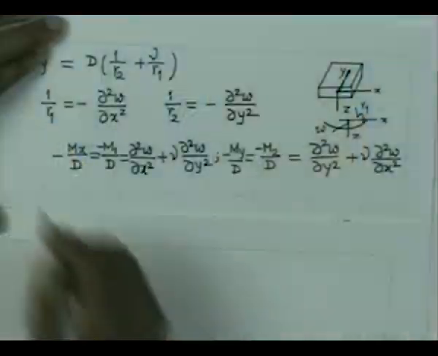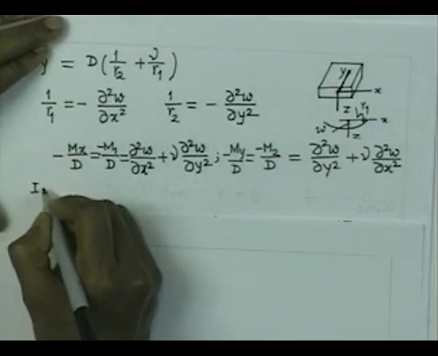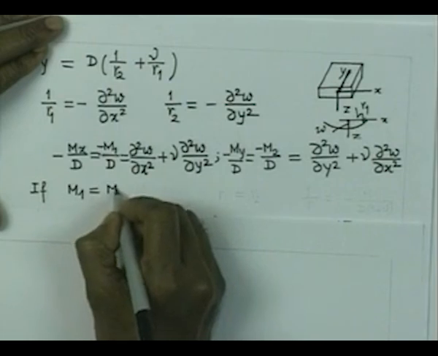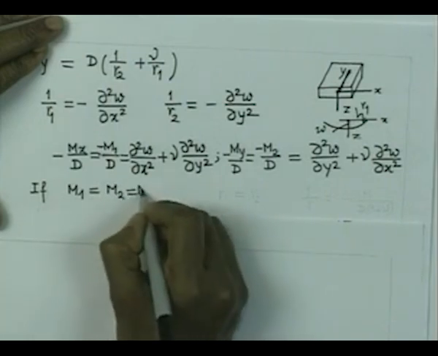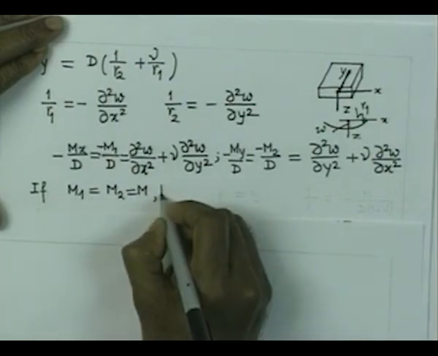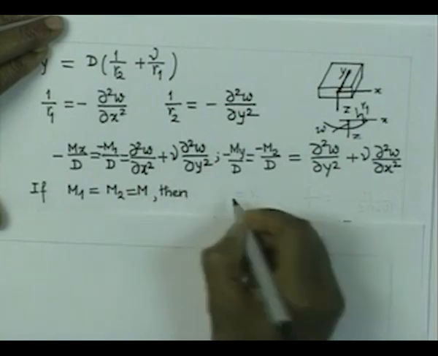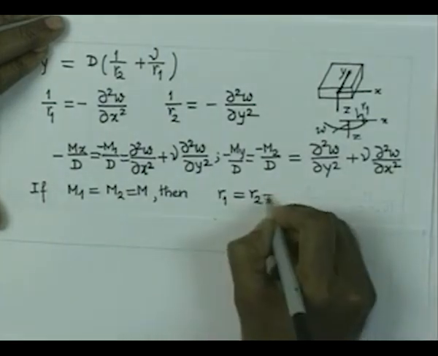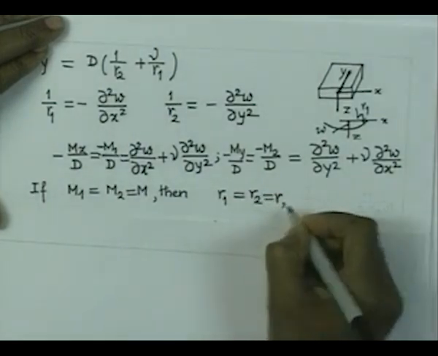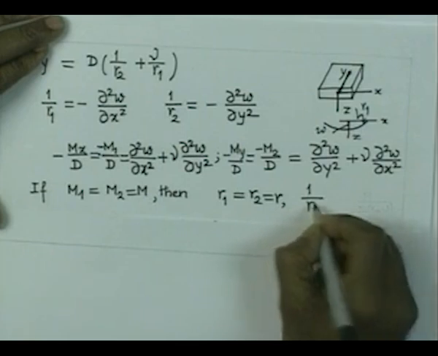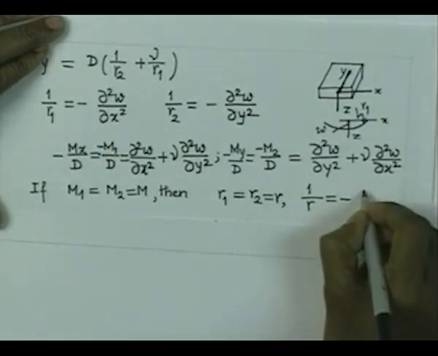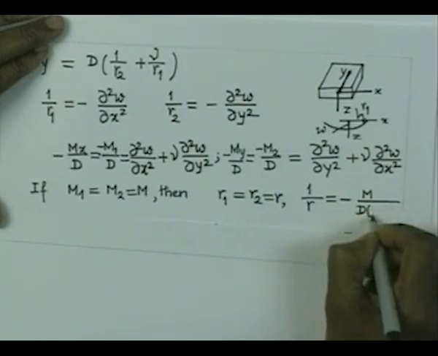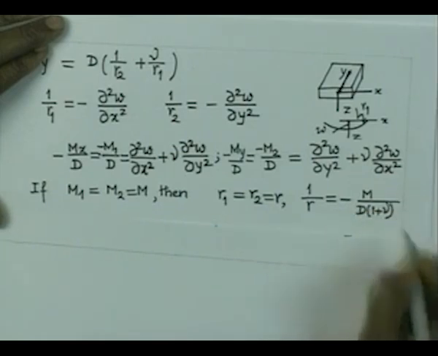Now, for the simple case, if M1 equal to M2 and let us say that is equal to M, then you will find that R1 is equal to R2 and let us say that is equal to R, then we will have 1 by R is equal to minus M by D into 1 plus nu.